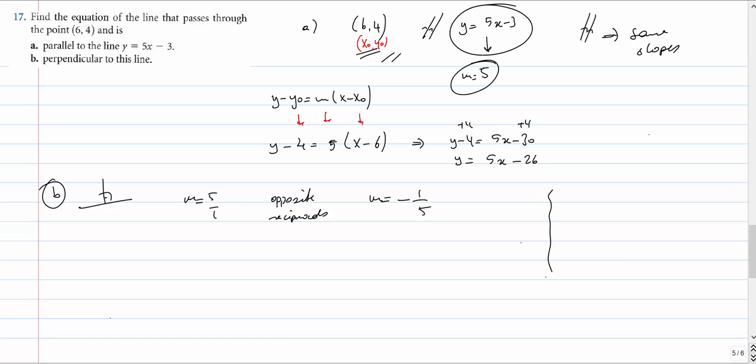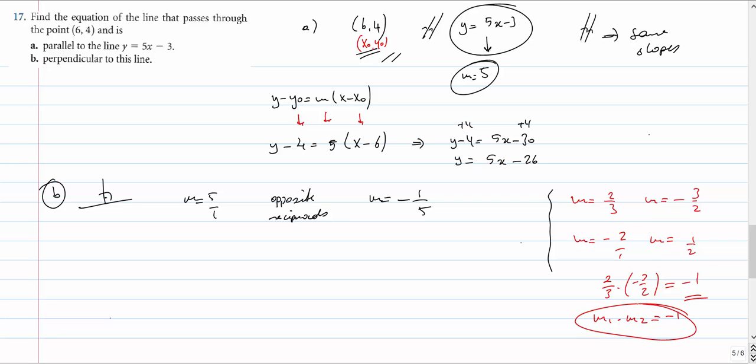So for example, if my slope is 2/3, to be perpendicular, the other line should have the slope opposite, upside down. If the slope was, let's say, -2, the other line, to be perpendicular, the slope should be the opposite sign, which is plus, and upside down. Because when you multiply, the answer is -1. That's what you're looking for. The slopes multiplied should give you -1.